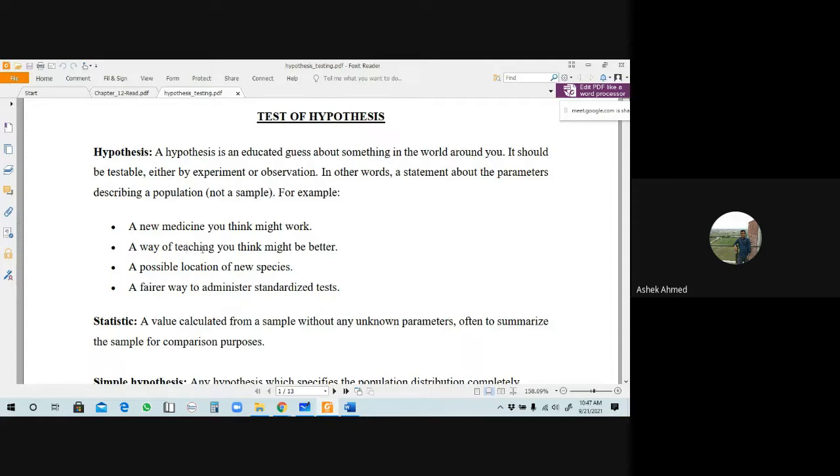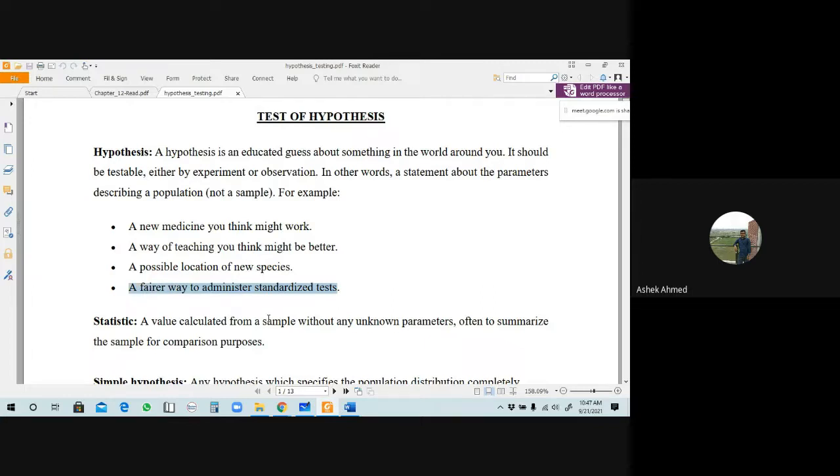A way of teaching you think might be better. ওকে অনেক সময় টিচাররা স্টুডেন্টকে বোঝানোর জন্য বিভিন্ন রকম টেকনিক অ্যাপ্লাই করে, দ্যাট উইল বি হিয়ার এ হাইপোথেসিস. A possible location of new species. Another example is a fairer way to administer standardized tests. এটা একটা example for hypothesis testing.